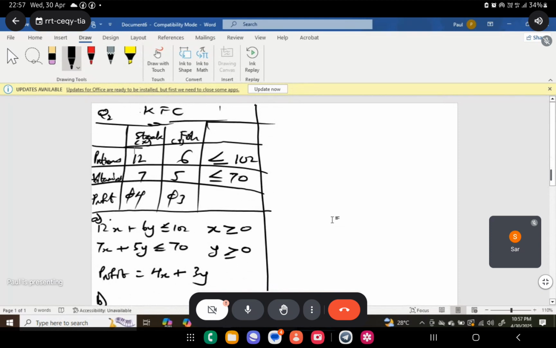Now, you see, I said that x is greater than or equal to 0. So you say x is equal to 0, y is equal to 0. I said you assume that they are all equal to 0. They are all equal to 0 from here.